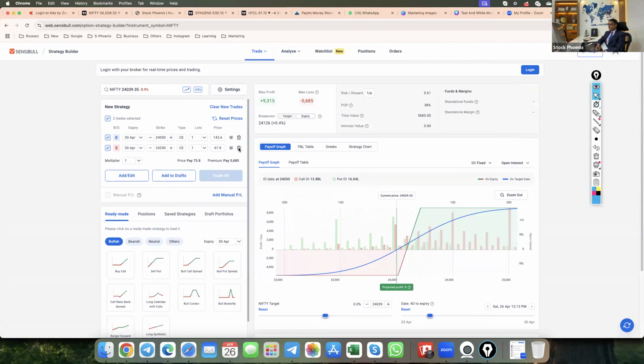Okay, so we are targeting now 24,100. It's asking the broker to continue. You have to log in, Prabhu, then only it will get inside. Just give me a minute, guys. Let me take an OTP code.